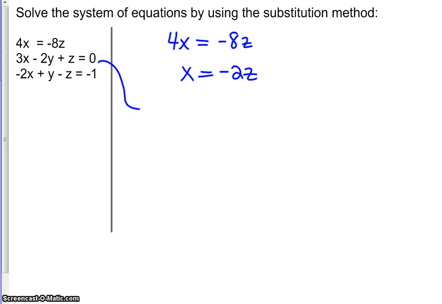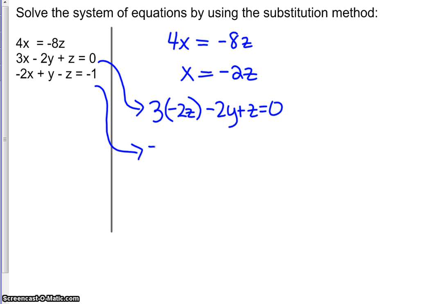So in this equation, I can replace my x with negative 2z: 3 times negative 2z minus 2y plus z equals 0. And same thing here: negative 2 times negative 2z plus y minus z equals negative 1. Now let's simplify those two.